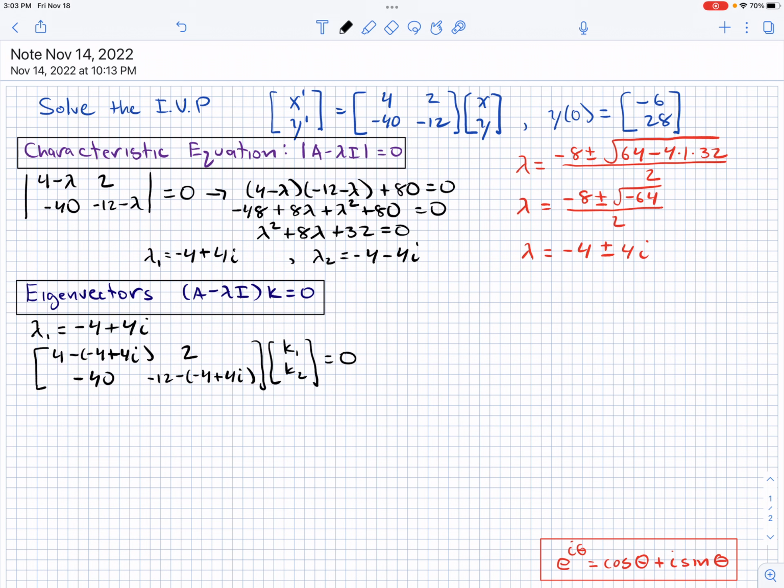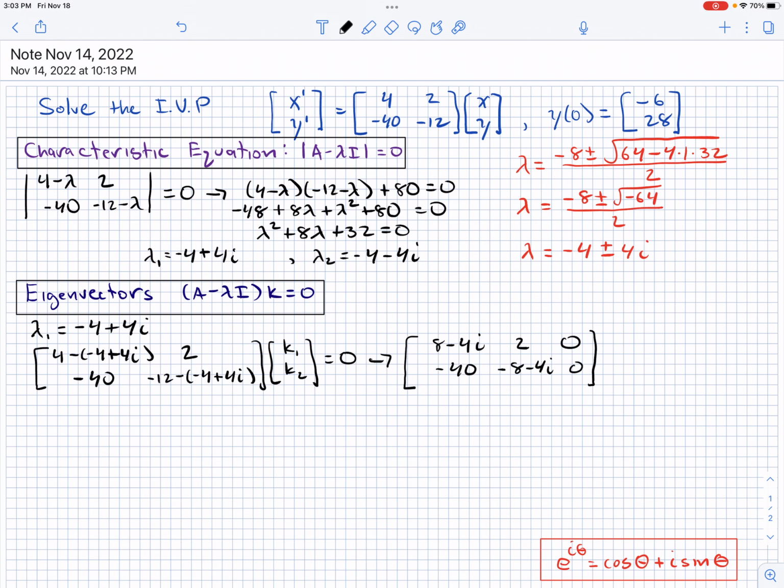Alright, and then simplifying that a little bit, cleaning that up, and I'm going to just write it in matrix form. We end up with 8 minus 4i, 2, 0, negative 40, negative 8 minus 4i, and 0.